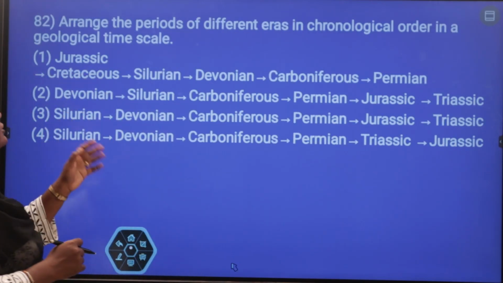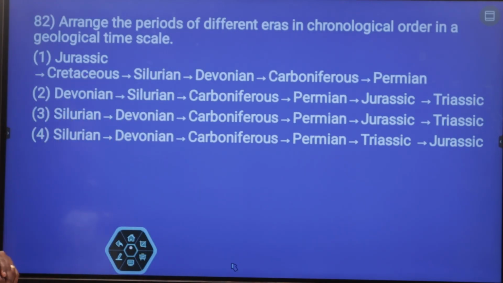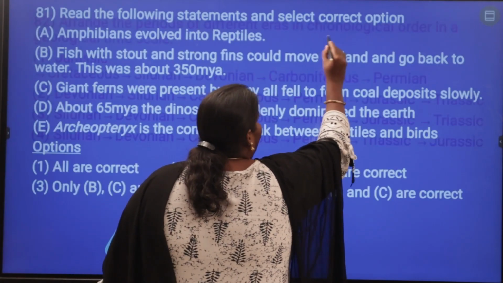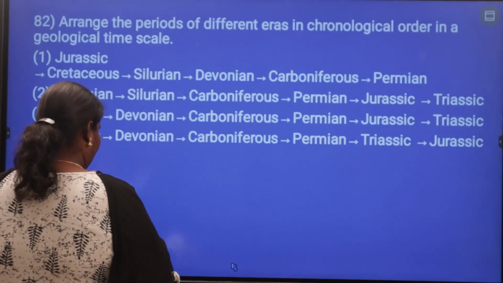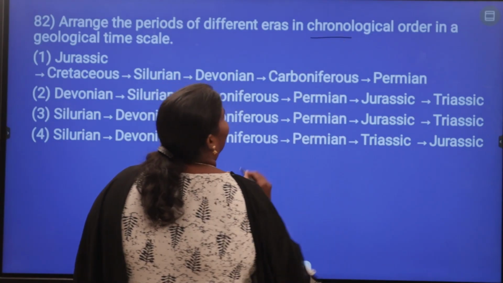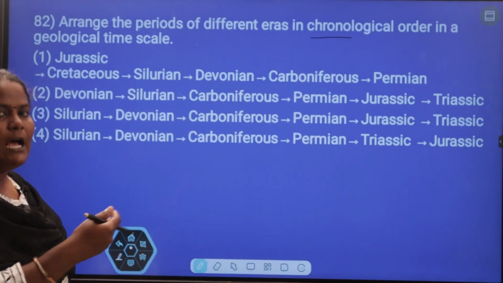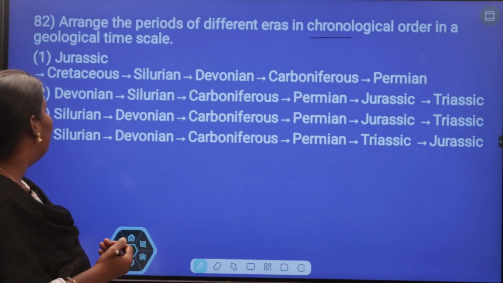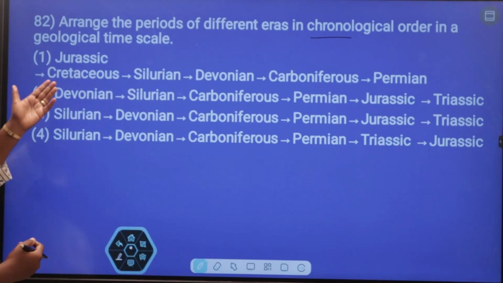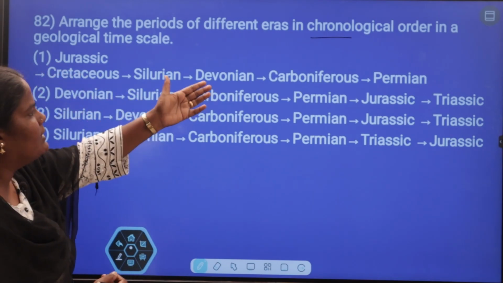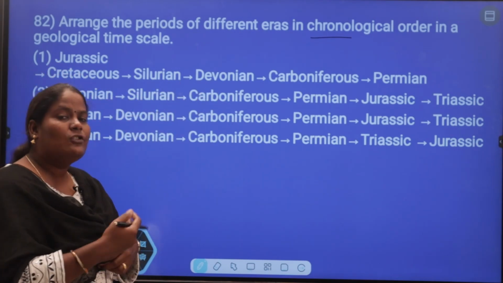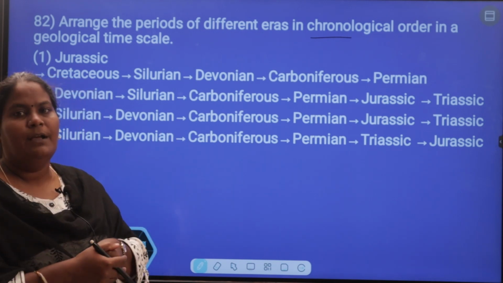Next, chronological sequencing. Again from evolution, arrange the periods of different eras in chronological order of appearance in our geological time scale. Jurassic, Cretaceous, Silurian, Devonian, Carboniferous and Permian. These are direct book questions from the diagram.